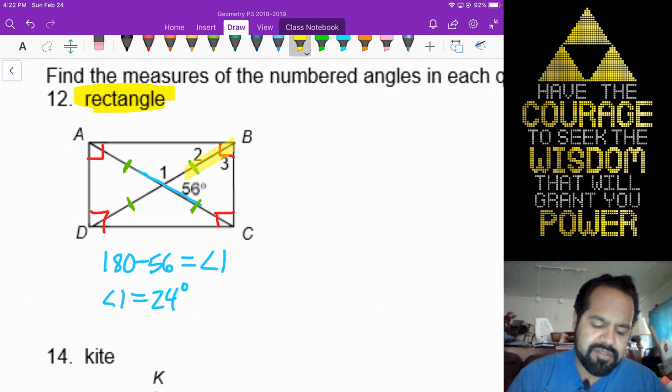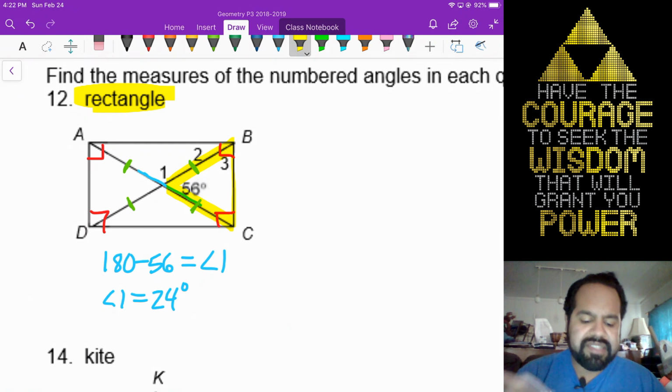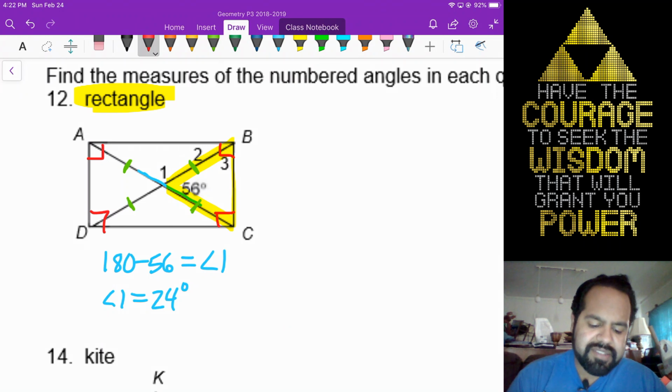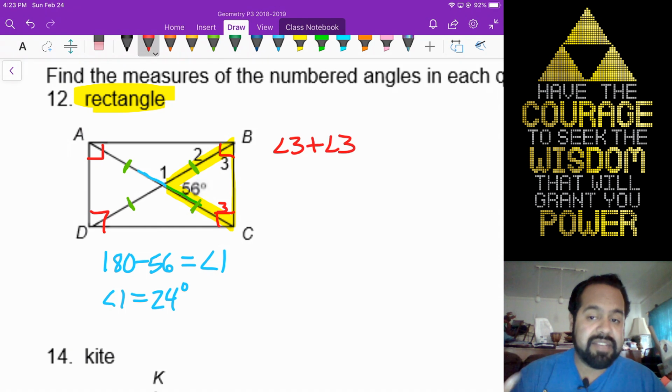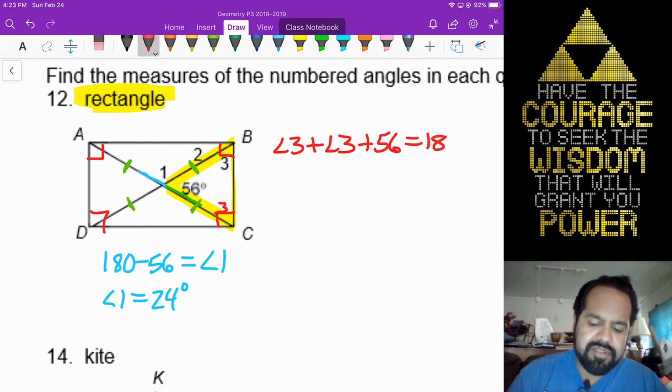So I'm going to look at this triangle. And if I recall, when I have a triangle that has 2 markings that are congruent, that means it's isosceles. That means that angle 3 is going to be congruent there and in this little corner here. So I'm going to say that angle 3 plus angle 3, if we're being technical here, plus 56 adds up to 180 degrees.